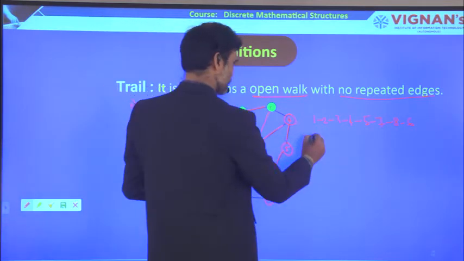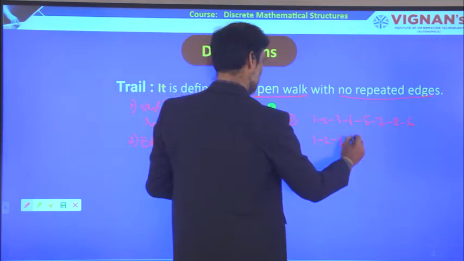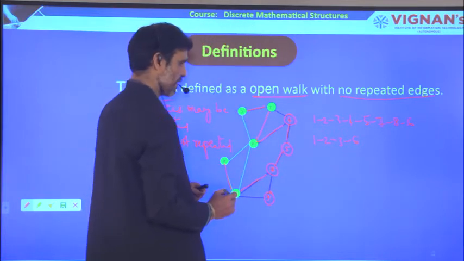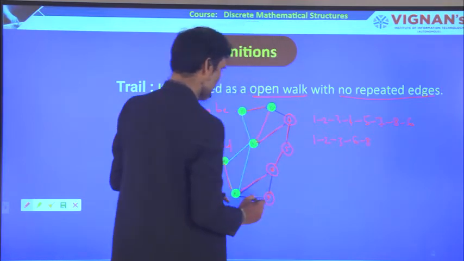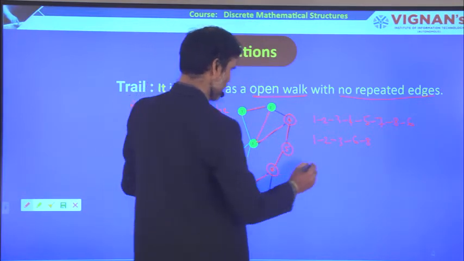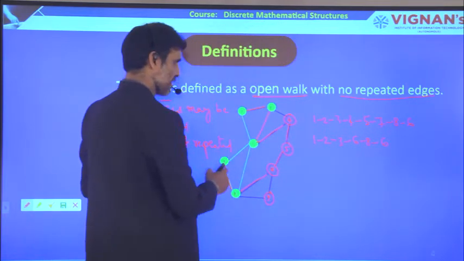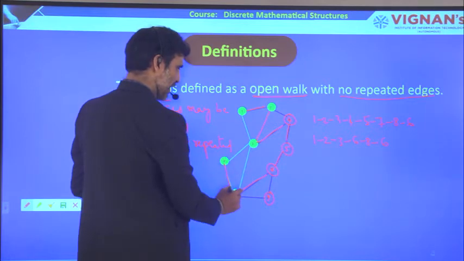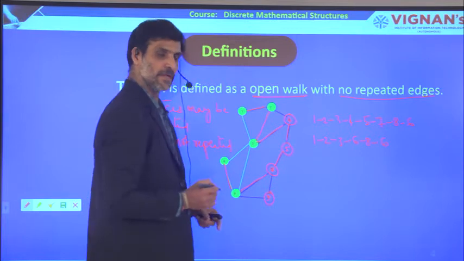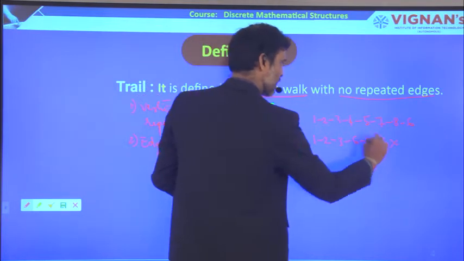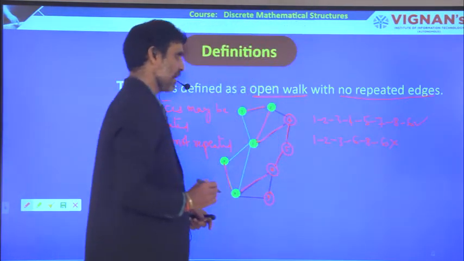For example, 1 to 2, 2 to 3, 3 to 6, then 6 to 8, and then you can go back 8 to 6 also, no problem. But if you go 6 to 8, 8 to 6 like that, this particular edge will be repeated. So therefore it is not a trial.